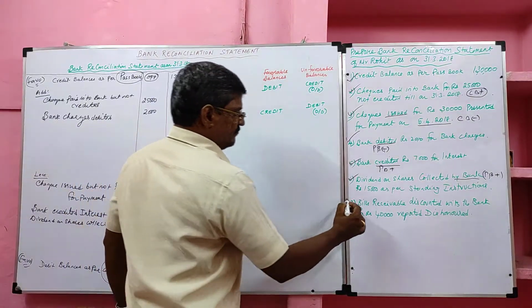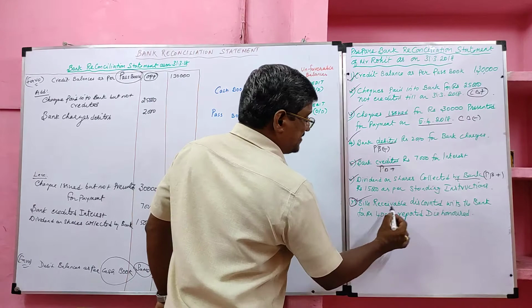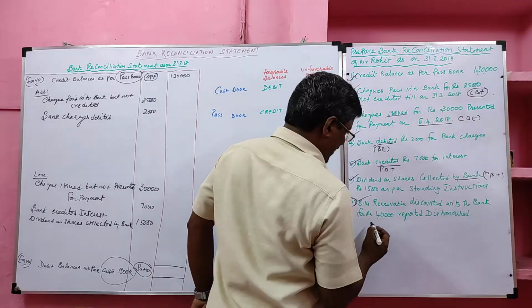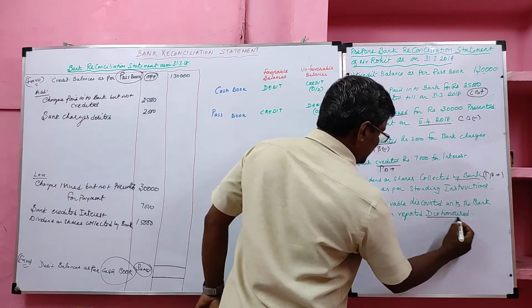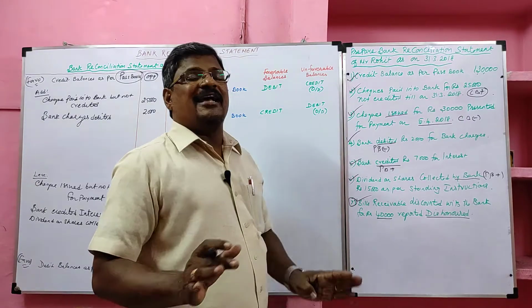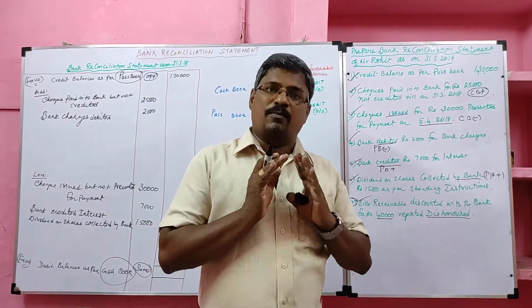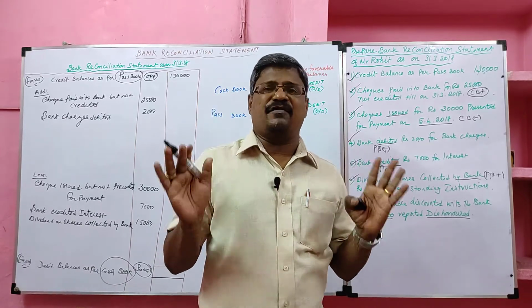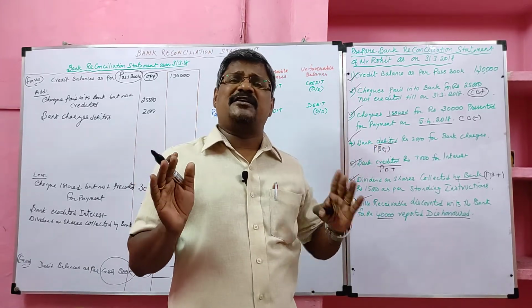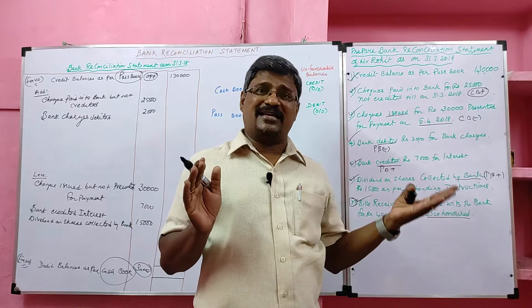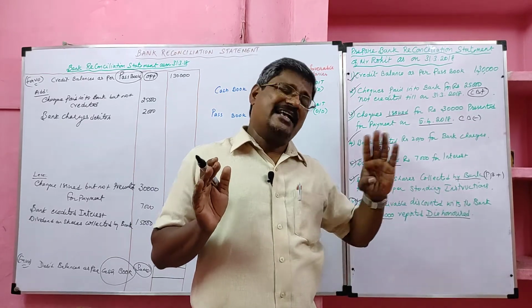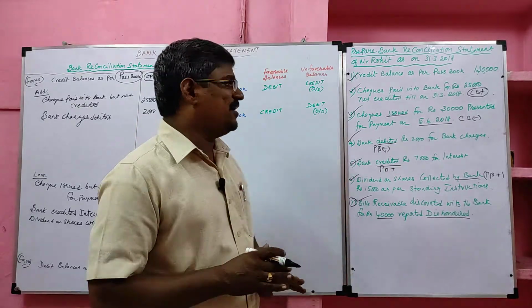Next, very important, bills receivable discounted with the bank for rupees 40,000 reported dishonored. Listen student, check dishonored, bills receivable dishonored, for both we should give same effect. Check deposited, where the transaction taken place, it was taken place in the cash book, it was added. Same treatment we should offer to the BR dishonored.